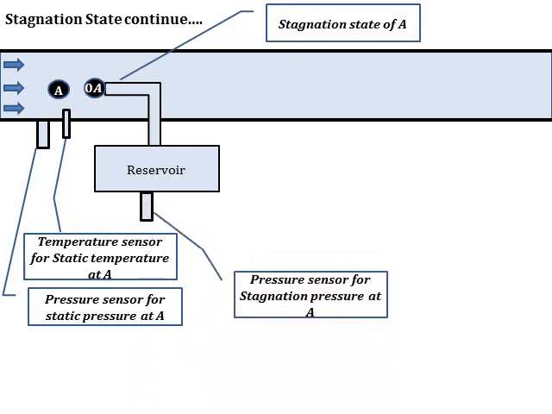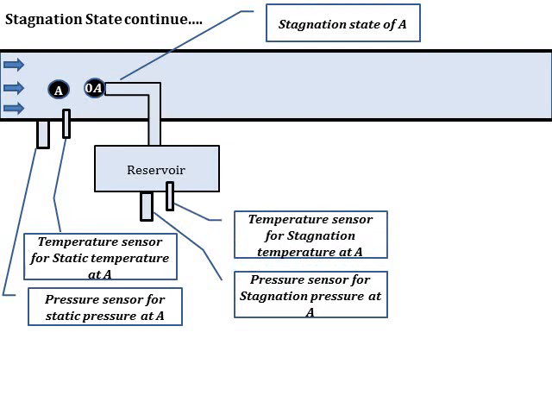Now, if we provide a pressure sensor and a temperature sensor at the reservoir, we will be measuring the stagnation pressure and the stagnation temperature at that particular point. So, we see that the stagnation state can be assumed to be obtained by inserting a pitot tube that produces a stagnation state right in front of it.